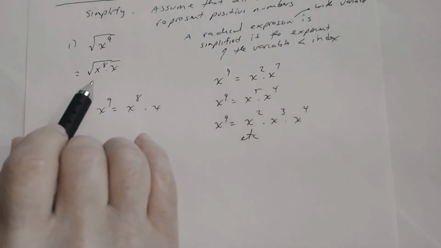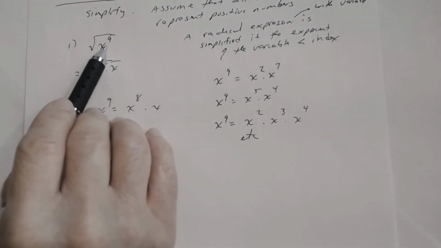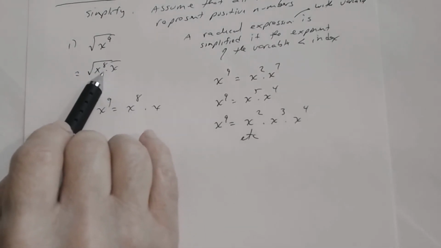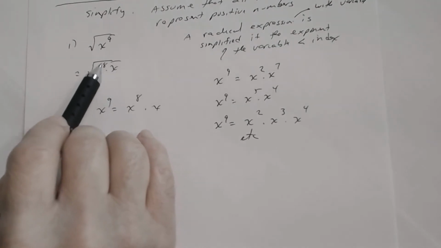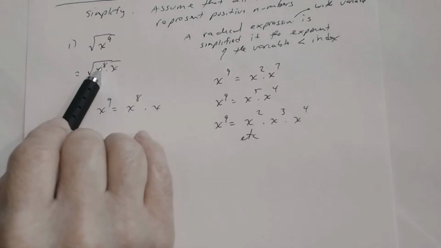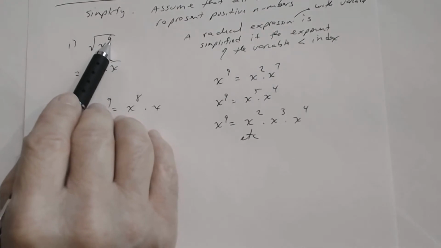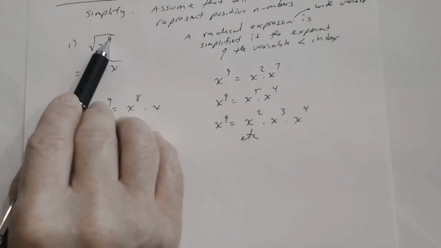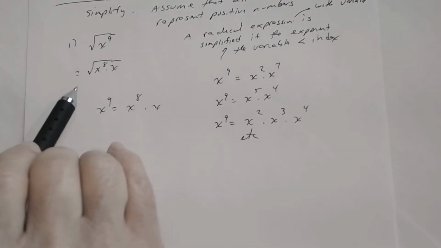So whenever you simplify this, it's always a good idea to rewrite it so that the product uses the largest even exponent that is less than what you see here. This is a 9. The largest even number less than 9 is 8. So this becomes x to the 8th times x.